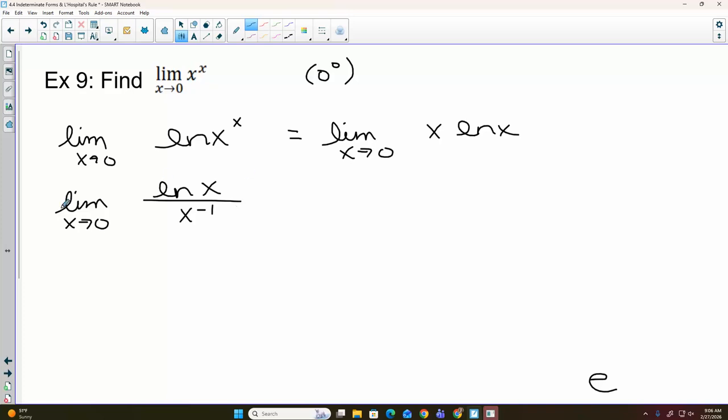Okay, so now natural log at 0, that's a vertical asymptote, it's approaching negative infinity there. 1 over 0 is approaching infinity, so now we have infinity over infinity, which tells us we can do L'Hopital's. So natural log will go to 1 over x. X to the negative 1 would be negative x to the negative 2.